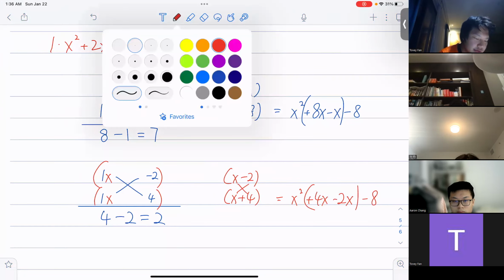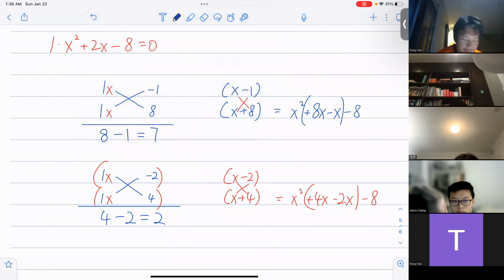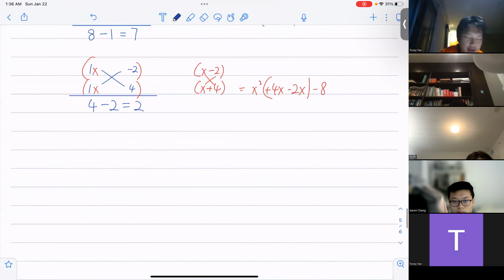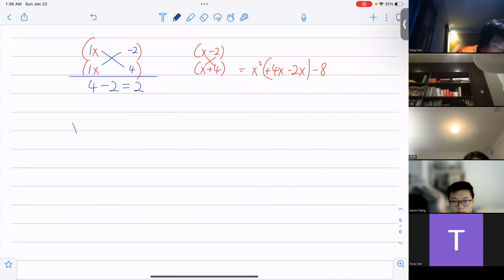Let me demonstrate with another example. This method becomes faster and faster as you practice. So let's say we have x squared minus 7x and then minus 44.